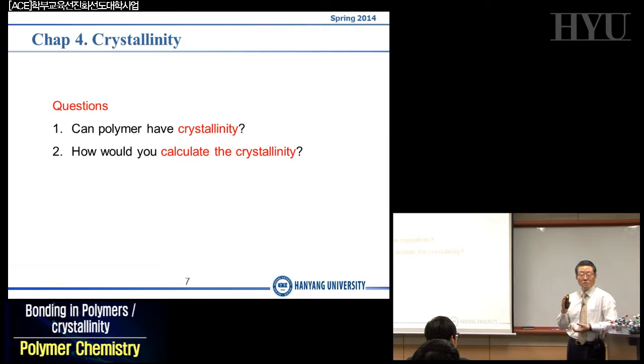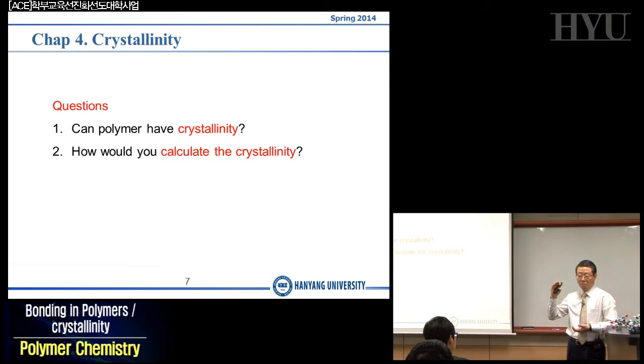And if something melts, it means that your crystalline material will melt. If your polymer melts, it means what? Melting temperature is defined as the temperature where your crystal melts.